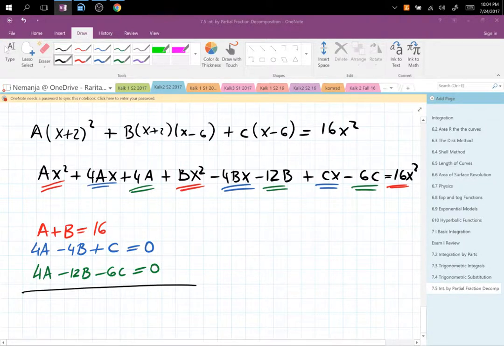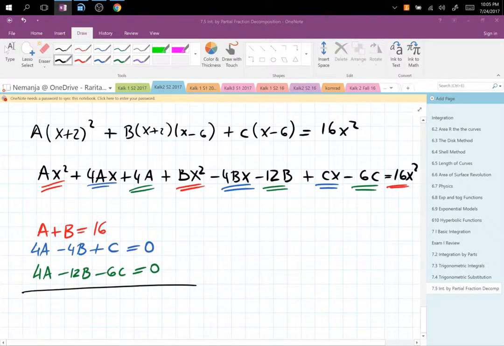So now this is a more complicated system to solve than what it was earlier, right? We don't get a one variable for free. So what do we do?